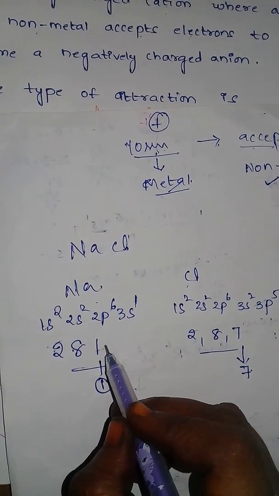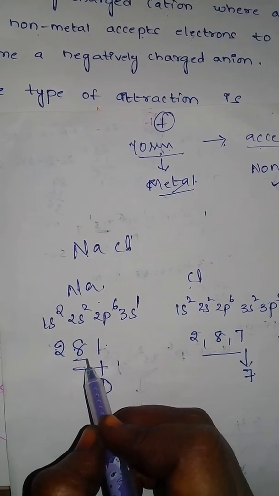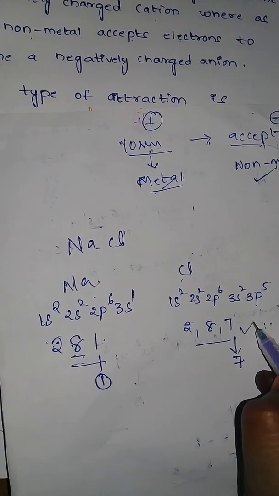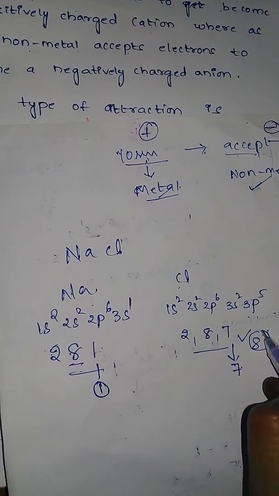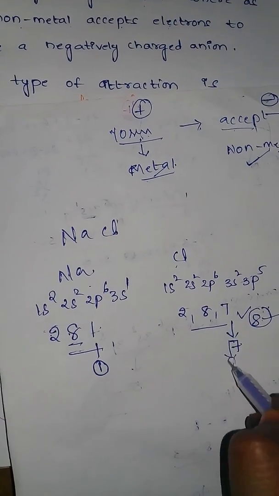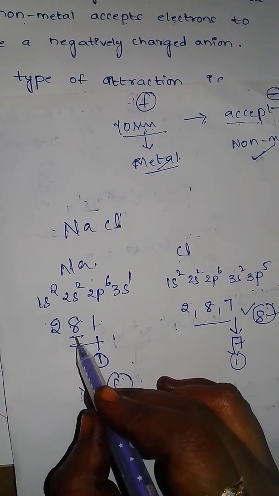Sodium loses 1 electron to get stable configuration, and chlorine gains 1 electron to attain 8 electrons, which means stable configuration. So chlorine wants 1 electron and sodium wants to lose 1 electron to become stable.